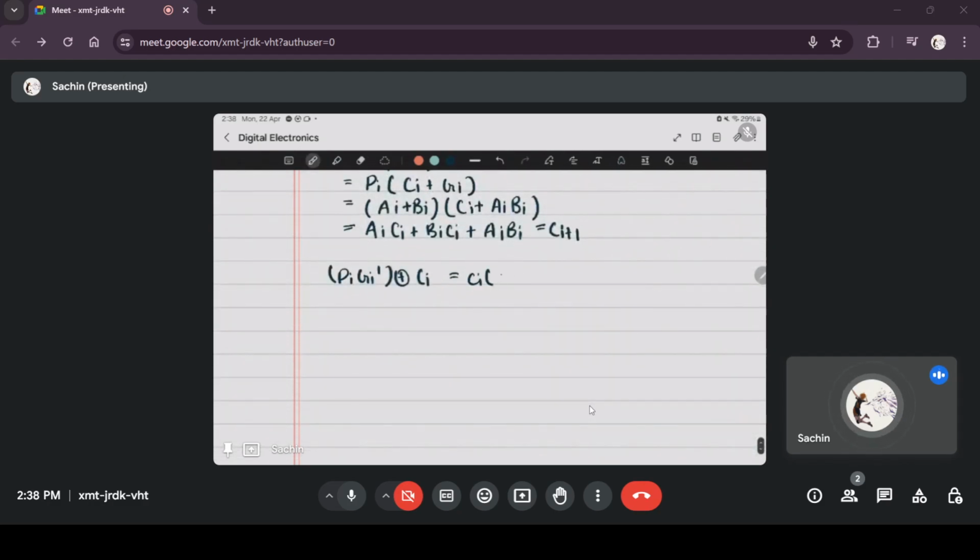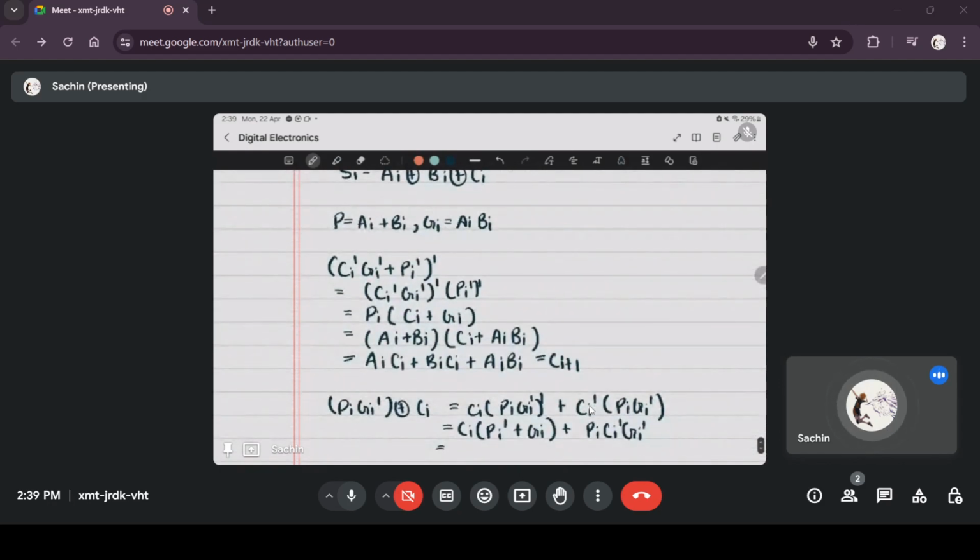It's Ci into (Pi Gi complement) whole complement plus Ci complement into Pi Gi complement, which is Ci into (Pi complement plus Gi) plus Pi Ci complement Gi complement.